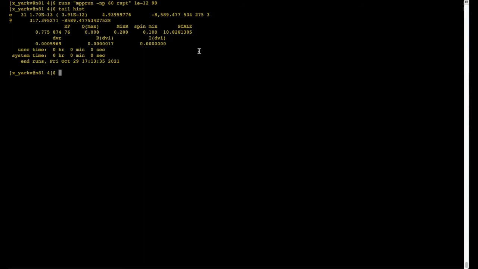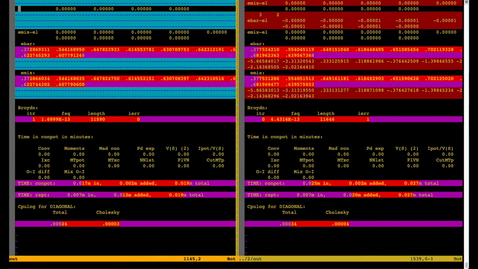What we can do now is to compare what has actually changed as compared to the calculation where we had 3s and 3p states explicitly in the valence. So I run vimdiff between this out file and the out file of our previous calculation.